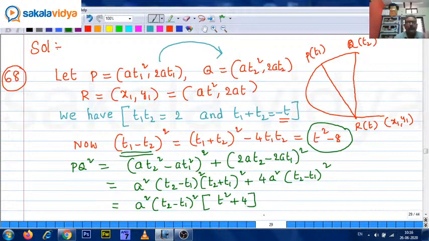Okay, am I correct now? Now t2 minus t1 whole square is equal to how much? T square minus 8. This can be written as a square times t square minus 8 times t square plus 4. You will get it now. You check it now, all of you. Is there any mistake? Generally, I used to make numerical errors.